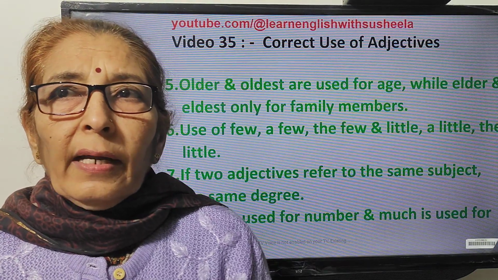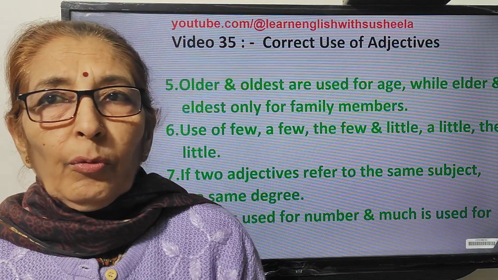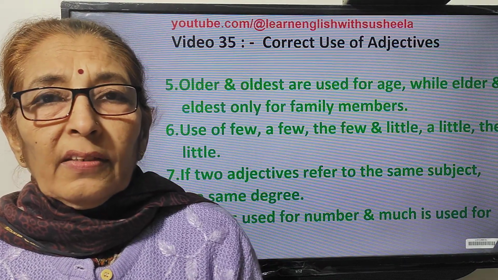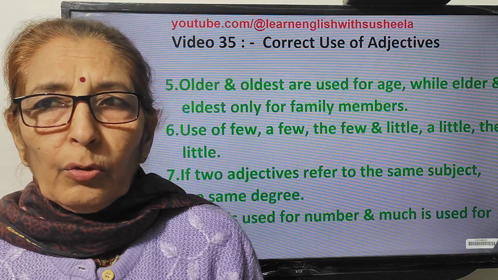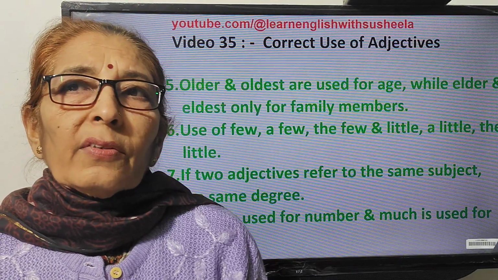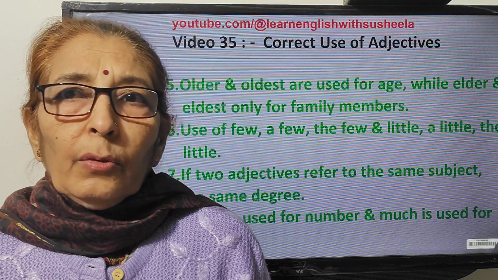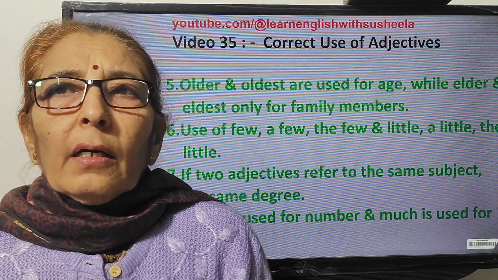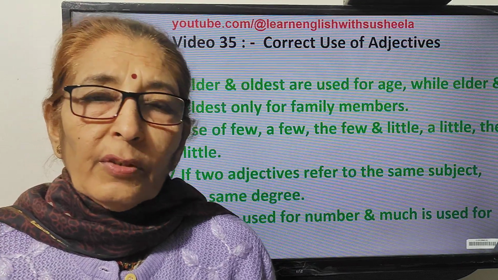Next, older and oldest. Now I had told you that these are made from old only. Older and oldest are in connection with age only. Just as you have a group, and in the group someone is older than you, you can say that he is older than me in the group, or he is the oldest of all the members of the group.